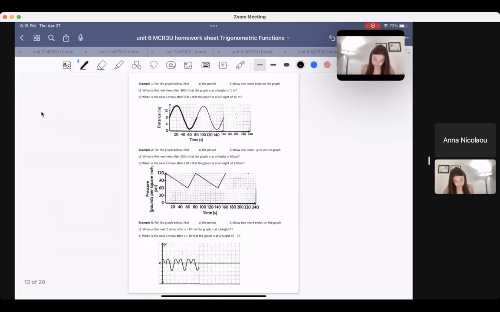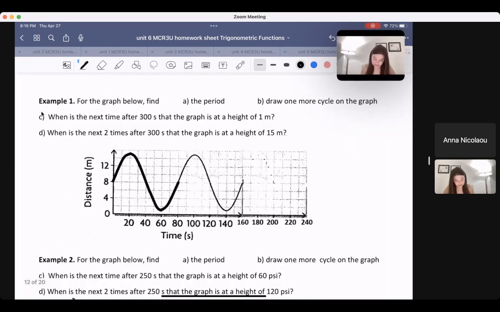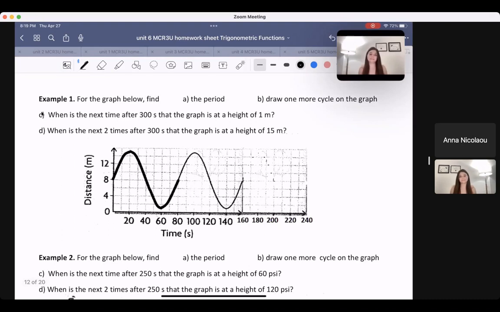Okay, so I'm going to go through 3 examples here and how we would complete them. Example 1 says, for the graph below, find the period, draw one more cycle on the graph, and then it asks what is the next time after 300 seconds that the graph is at a height of 1 meter, and when are the next 2 times after 300 seconds that the graph is at a height of 15 meters.